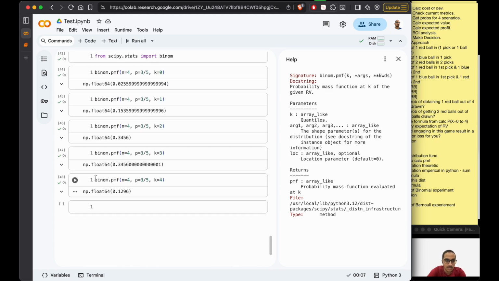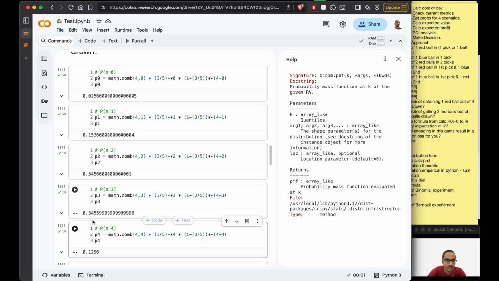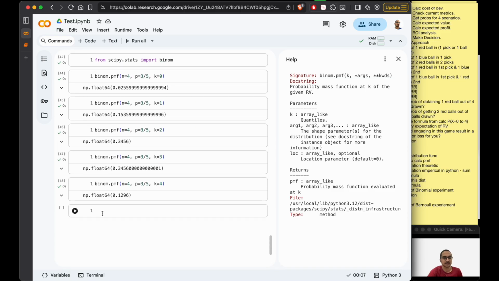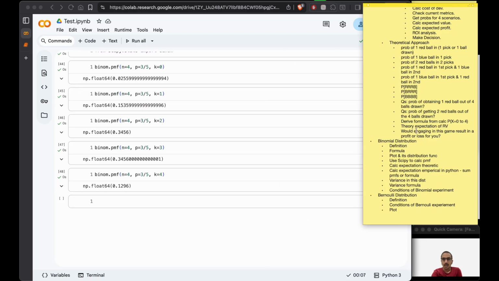Same. And if you look at 3, it's 0.3456, and here 0.34559, pretty much the same. 0.59, if we round it off, it is 56. So that is how we can directly compute the PMF values without doing manual tedious calculations.